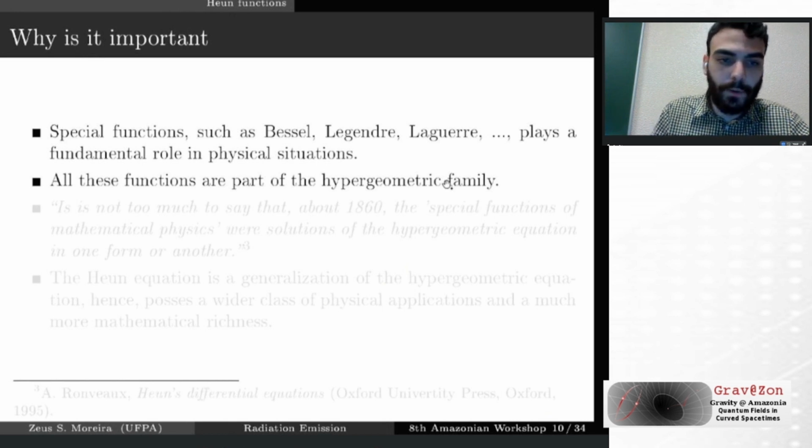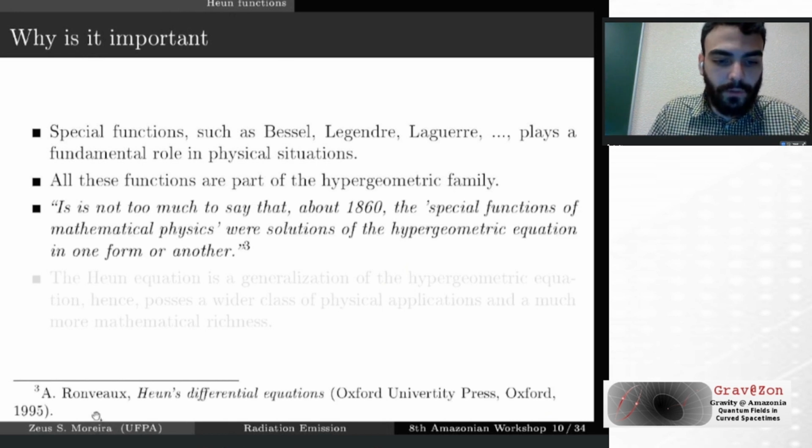And here I quote a phrase from Ronveaux's book on Heun's differential equation, where he said that it's not too much to say that about 1860, the special functions of mathematical physics were solutions of the hypergeometric equation in one form or another.